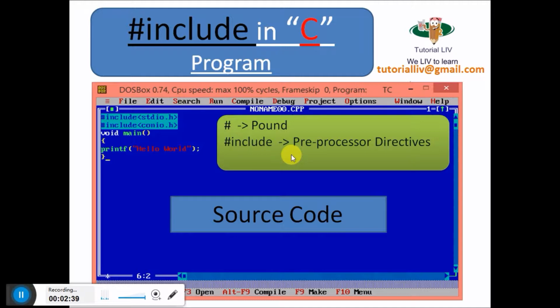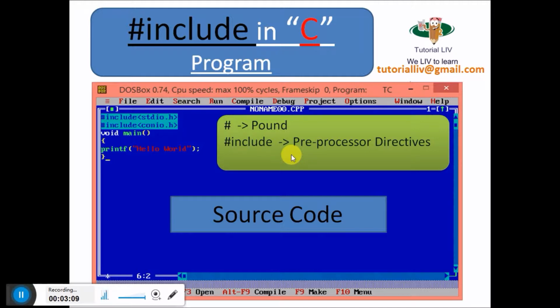These functions are provided by our Borland Turbo C++ editor. As we need to use those functions in our program, we have to write hash include. This will help us include the code that is written inside that particular header file in our program.